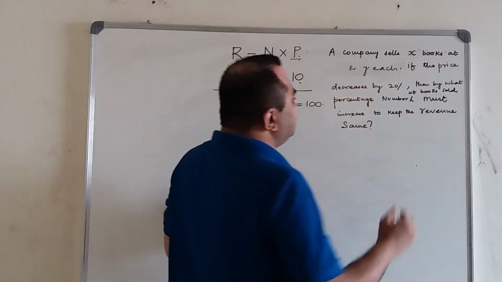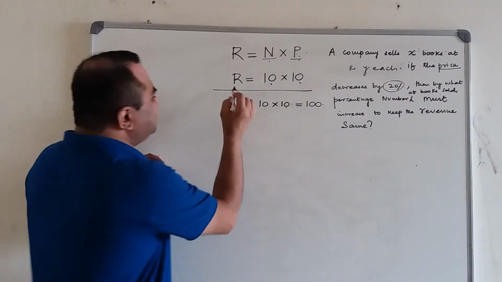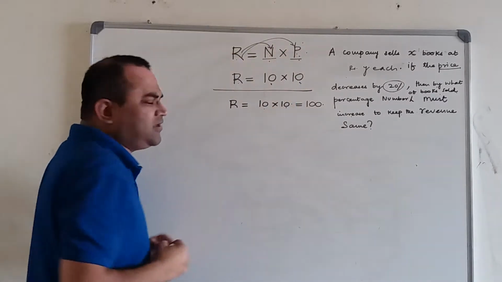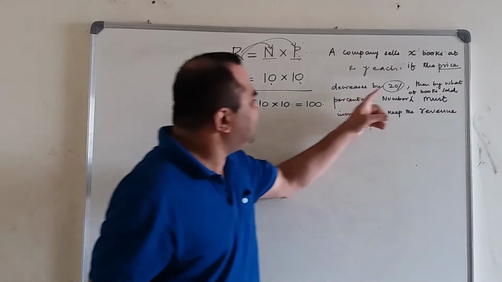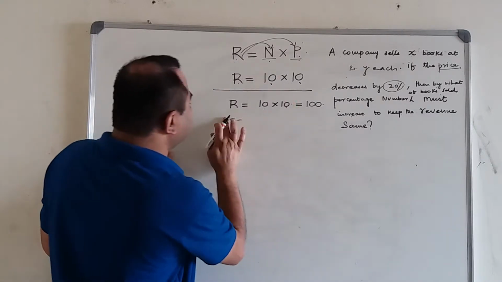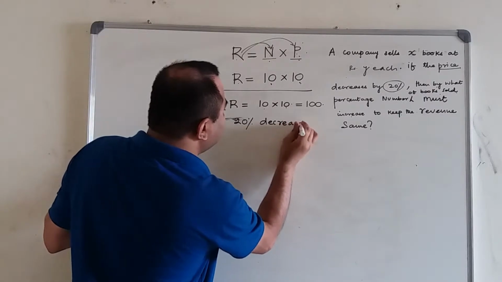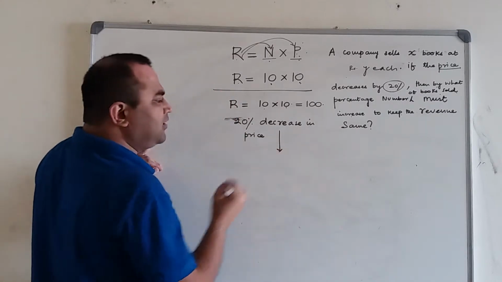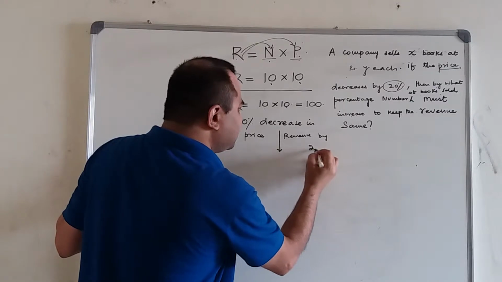Now in the question it is given that the price decreases by 20%. As you can see, revenue depends directly on both the number of books sold and the price of each. So a 20% decrease in the price of each book will bring down the revenue also by a proportionate 20%.